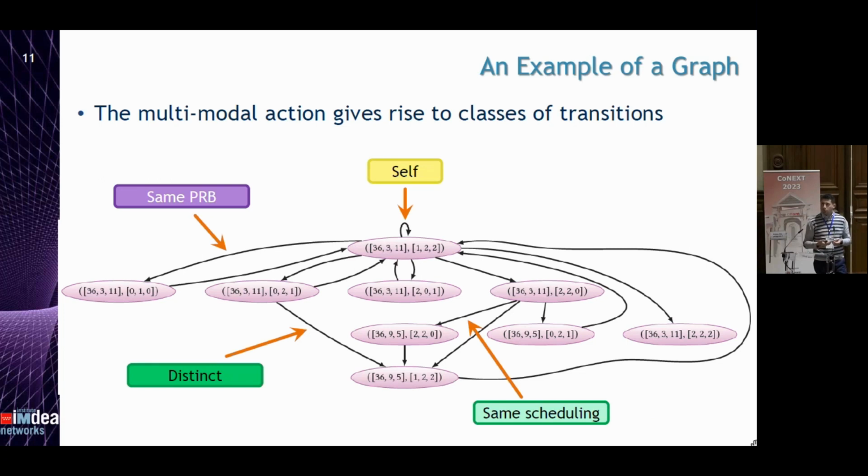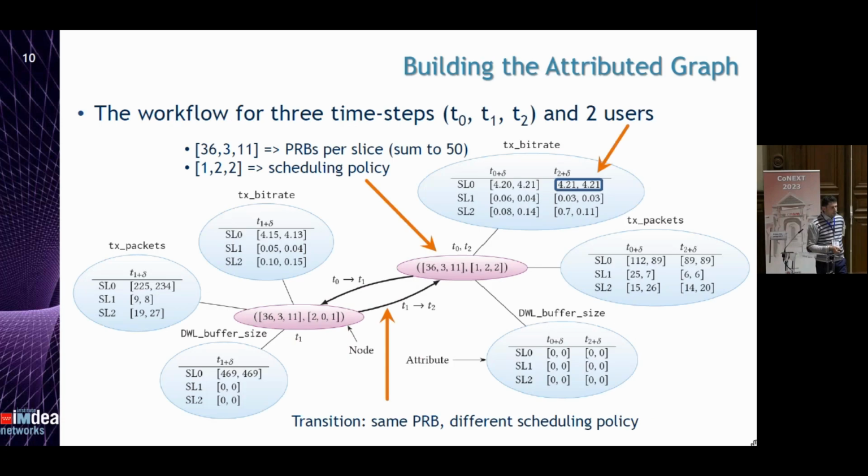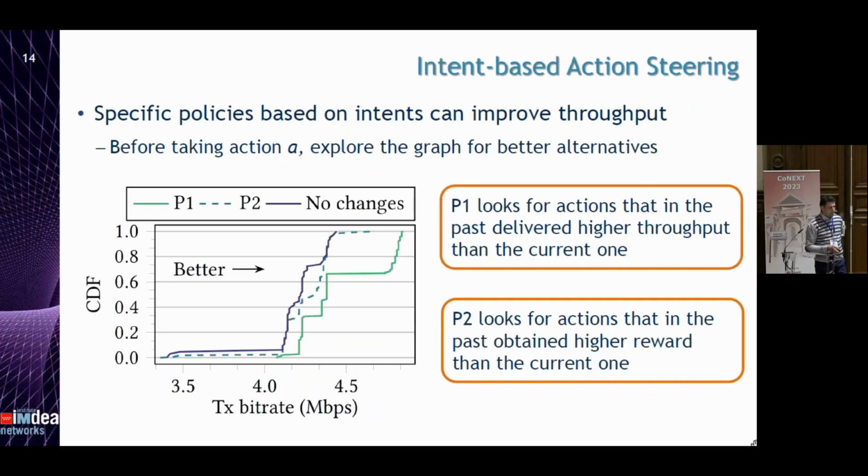Another way to perform action steering is, instead of looking at the reward, to look at the expected throughput that the network can get, given the statistics in the past. And we found that it's possible to define policies that end up improving throughput at basically zero cost.